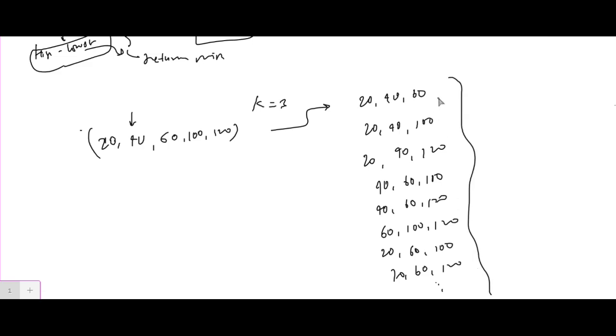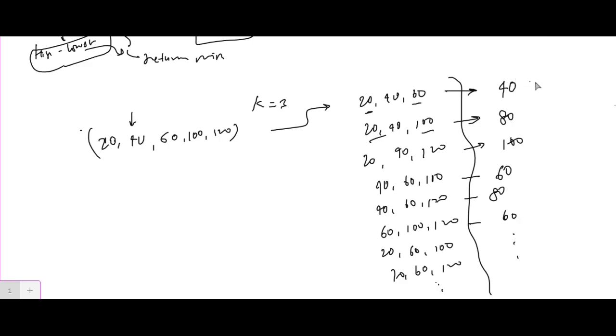For each, we have to find the difference between its maximum and its minimum number. Here the maximum is 60 and the minimum is 20, so the difference is 40. Here the difference is 80. Similarly here the difference is 100, here it is 60, here it is 80, and here it is 60.